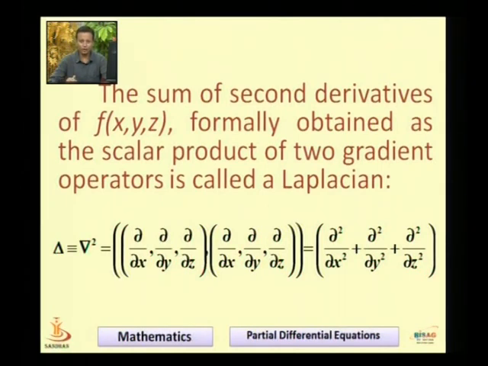That is the dot product of two vector differential operators, nabla dot nabla, which gives del by del x, comma, del by del y, comma, del by del z dot del by del x, comma, del by del y, comma, del by del z, that is del square by del x square plus del square by del y square plus del square by del z square. This is also denoted by capital delta, or nabla square, and this is called the Laplacian or Laplace operator in Cartesian coordinates.